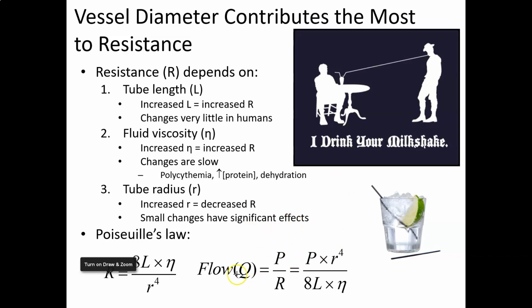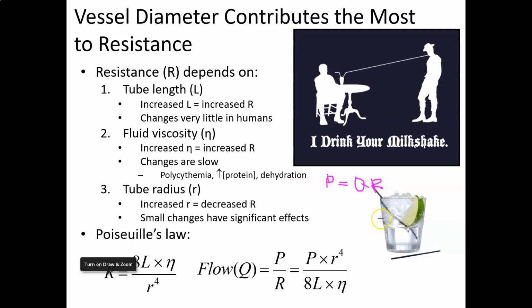But another very important application of this is to combine the last two equations that we sort of learned. So we learned that pressure equals flow times resistance, right? So P equals QR.